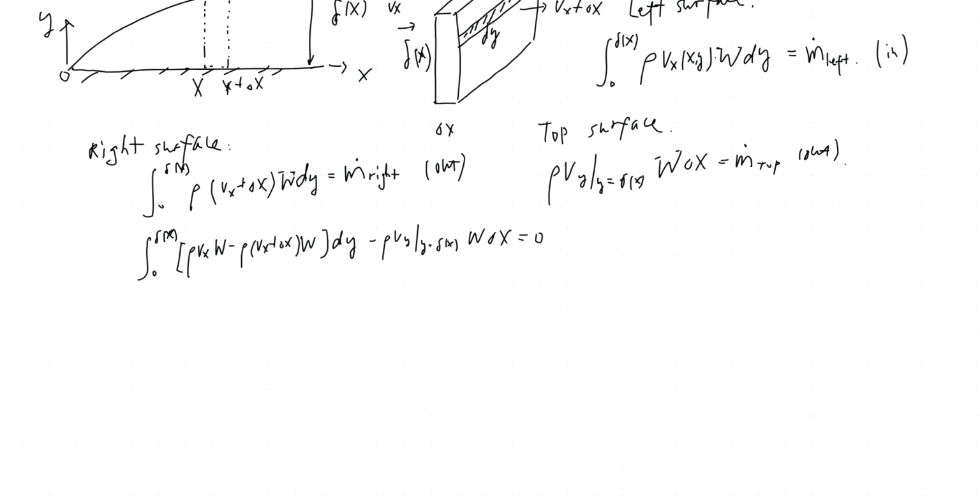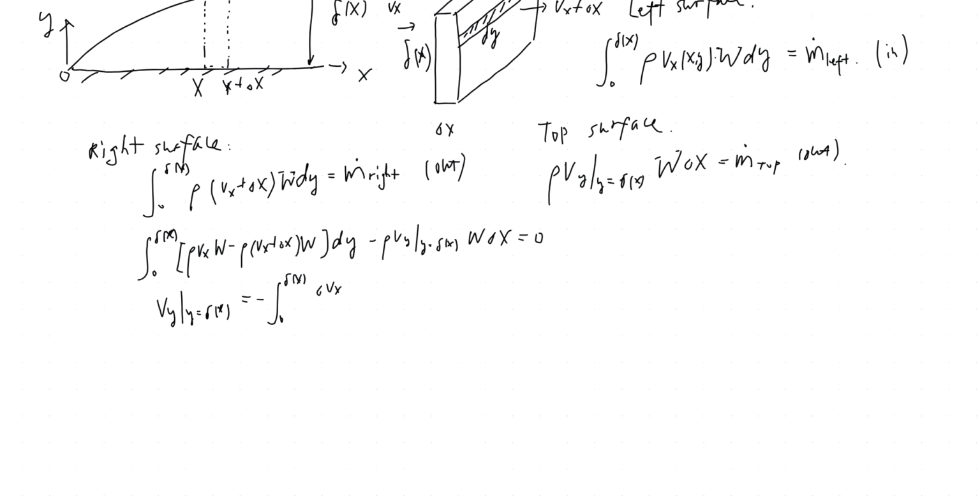So on the left-hand side, if you remove rho and w and you divide by delta x, you will get Vy at y equal to delta equals minus the integral from 0 to delta of delta Vx. Oh, actually, here I had a typo.